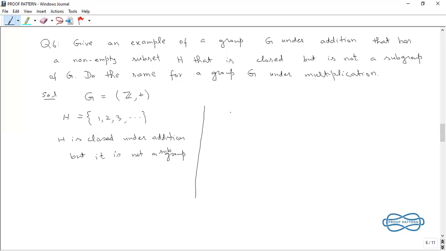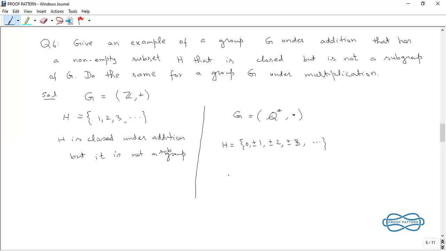Okay. And the other example is we consider G to be the set of all non-zero rational numbers, and we know that this is a group under multiplication, and we consider a subset H which is plus minus 1, plus minus 2, and plus minus 3, and so on.